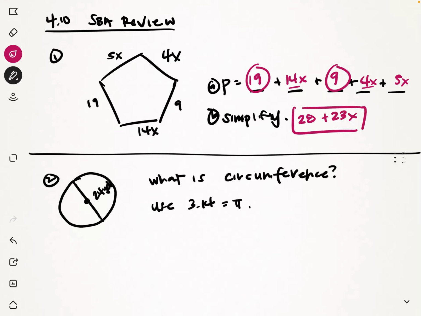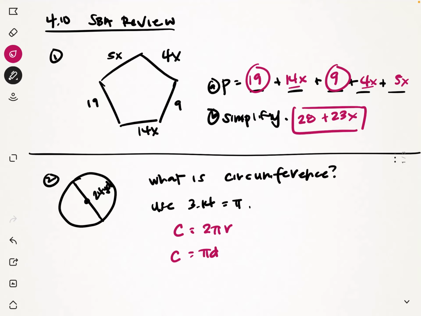Okay, that's it. Now for the second one, it's asking us about circumference. It's also telling us to use 3.14 as an approximation for pi. So the circumference is equal to 2 pi r, or pi times the diameter. So we have 24 as our diameter.